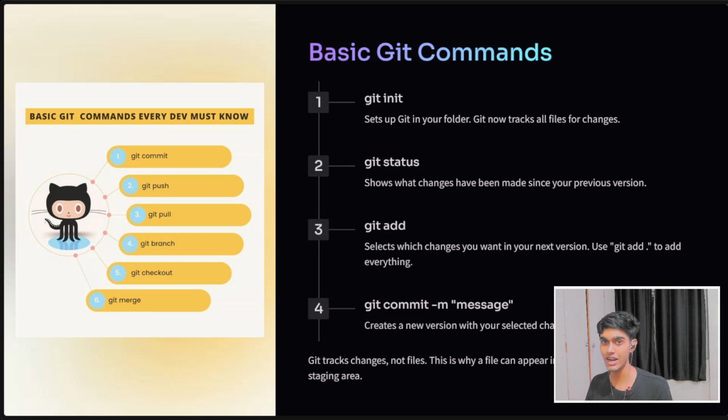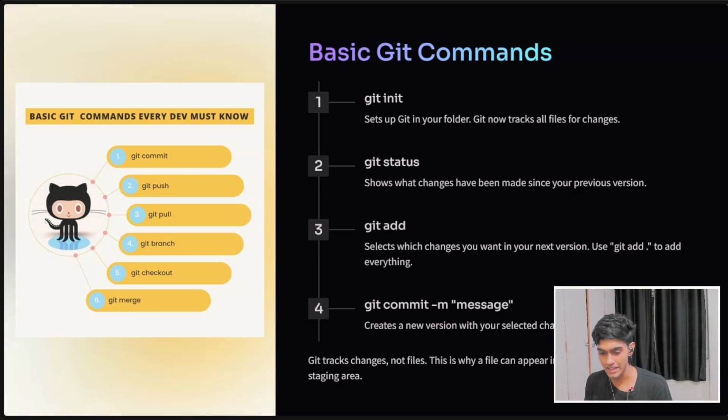And now let's look at what git init is. I already told you what git init does. Git init sets up git in your folder, in your project, and it will track each and every file of your project. Git status is like comparing version 1 with version 2, or comparing the current version with the previous version.